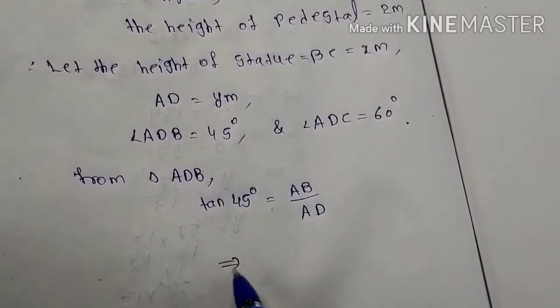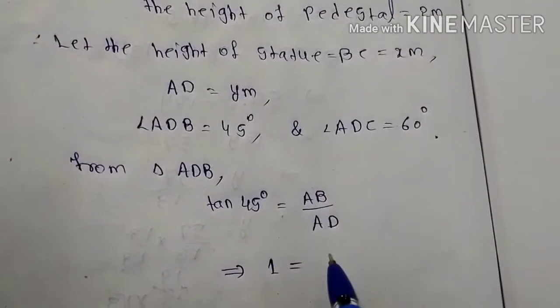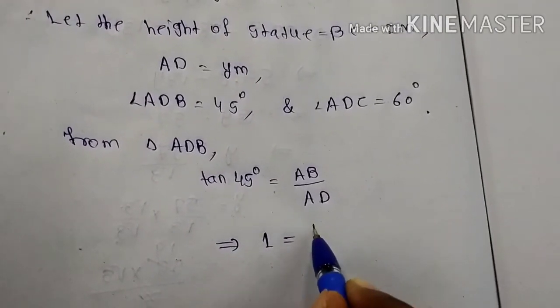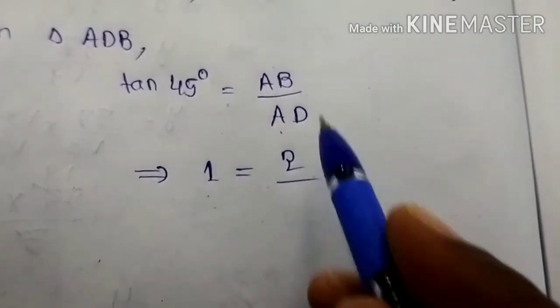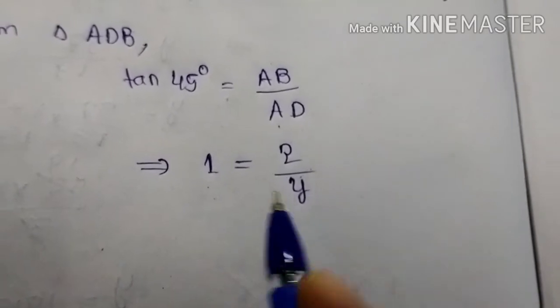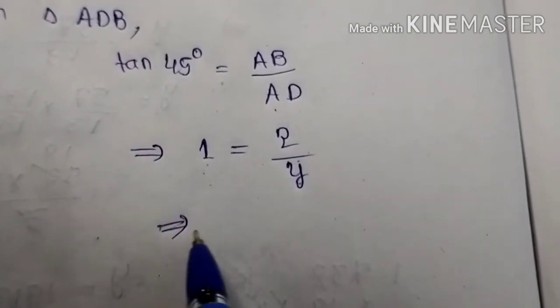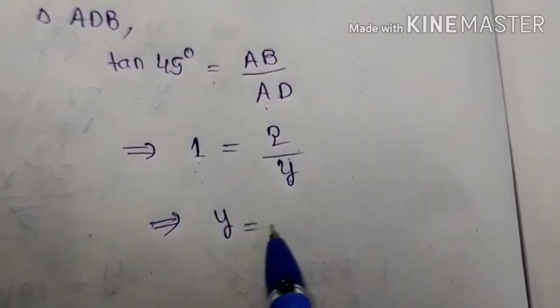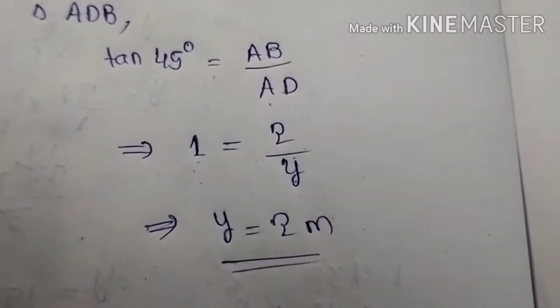Tan 45 value is how much? 1 only. AB value is 2. AD value is Y. Then you can transpose Y to LHS. That means Y is equal to 2 meters.